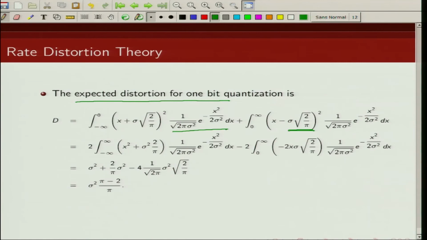This is the PDF of the source integrating from minus infinity to 0. Similarly, this is the centroid point for the positive real axis, so we integrate from 0 to infinity, and this is the PDF of the source. So by doing some algebraic manipulation, what we get finally is that the expected distortion is given by sigma square into pi minus 2 divided by pi.